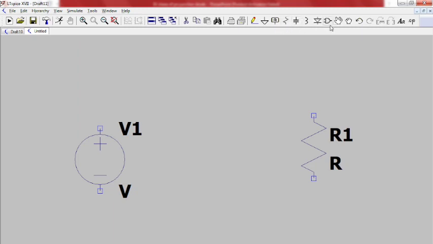Then we need a diode. Since we are characterizing the forward bias condition, the positive terminal of the battery should be connected to the positive terminal of the diode. So we need to rotate. Just place it here, then right click.